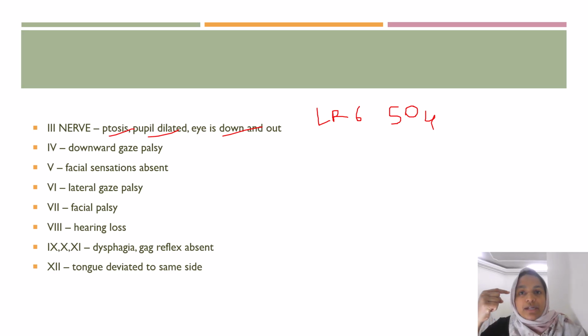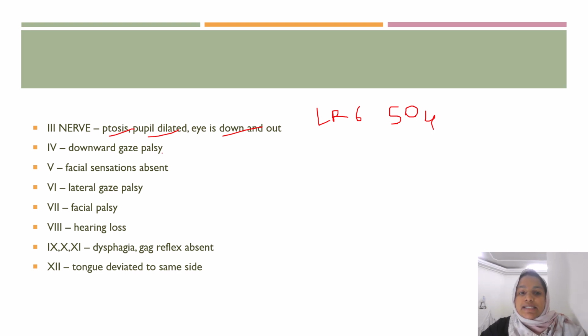So once the oculomotor nerve is affected, all the extraocular muscles except the lateral rectus and superior oblique will be affected. The lateral rectus brings the eye to the abducted position, and the superior oblique brings it down. So it is down and out. And there is also ptosis, because for eye opening you need the 3rd nerve, for eye closure you need the 7th nerve.